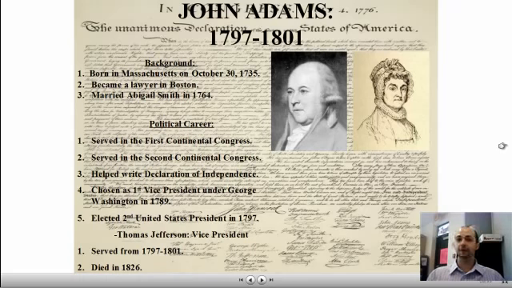He served in the Second Continental Congress. He helped to write the Declaration of Independence that created our country. He was chosen as the first vice president under George Washington, and he was elected as the second president of the United States, with Thomas Jefferson being his vice president. And he eventually died in 1826 on the 4th of July.